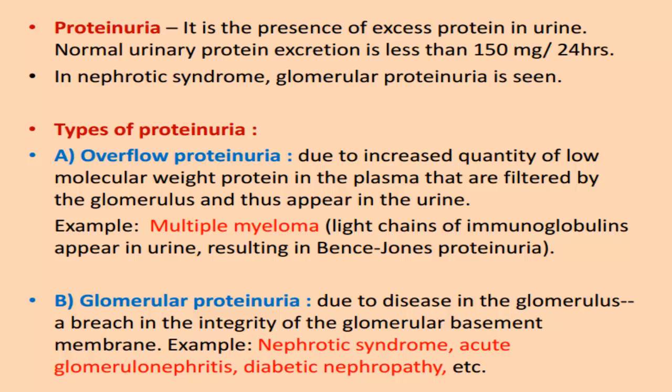The next one is glomerular proteinuria. It is due to disease in the glomerulus and there is breach in the integrity of the glomerular basement membrane. Examples are nephrotic syndrome, acute glomerulonephritis, diabetic nephropathy, etc.